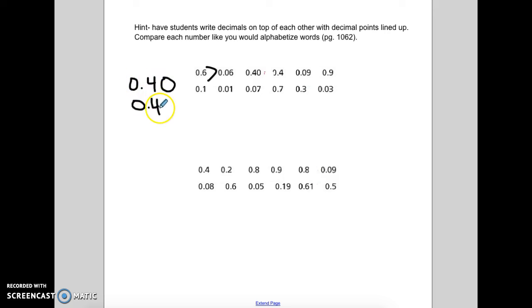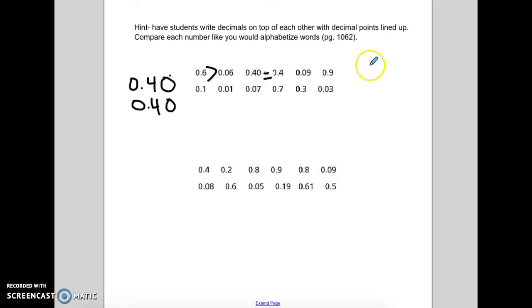The 4s are the same, but then there's a 0. But you know, here's the trick. A 0 here doesn't actually mean anything, it's just a place value. I could actually add a 0 here if I wanted to. So really when I look at this, what I get is that they're the same. This is the exact same number. They just wrote it a little different. They put it as 4 hundredths instead of 4 tenths. But guess what? 4 hundredths is the same as 4 tenths. Okay, they're equal.